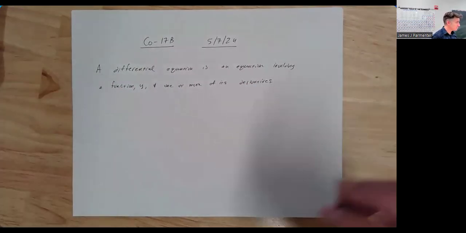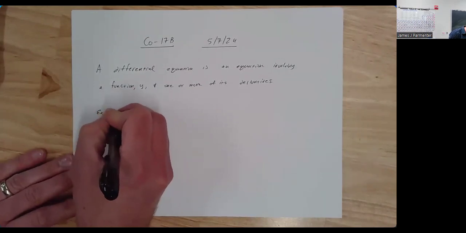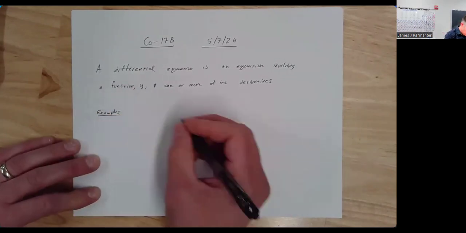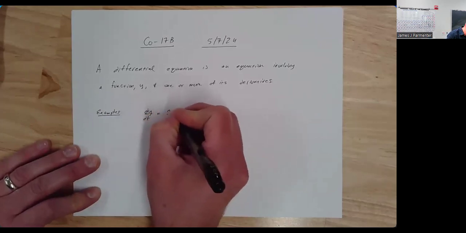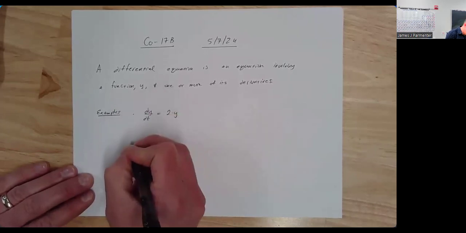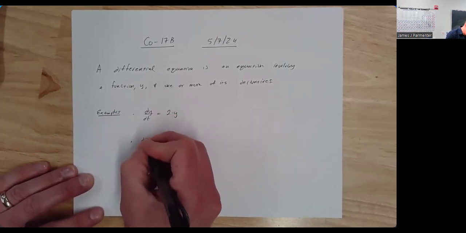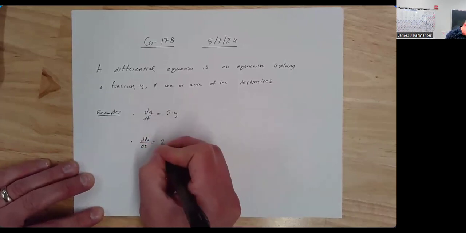Some examples. dy/dt equal to 2 times y. Or dn/dt equal to 2t.